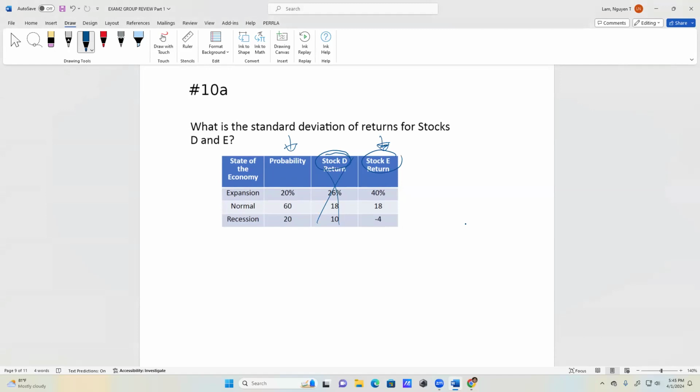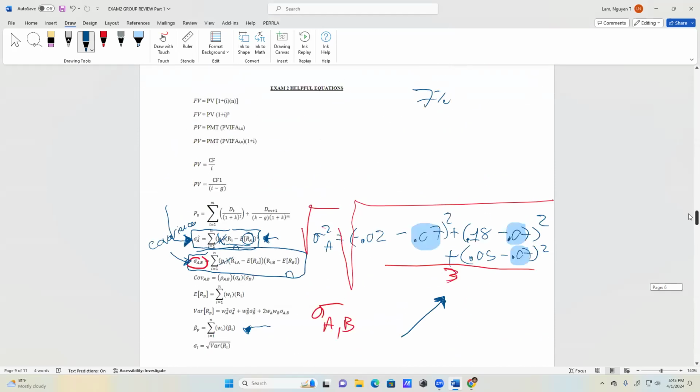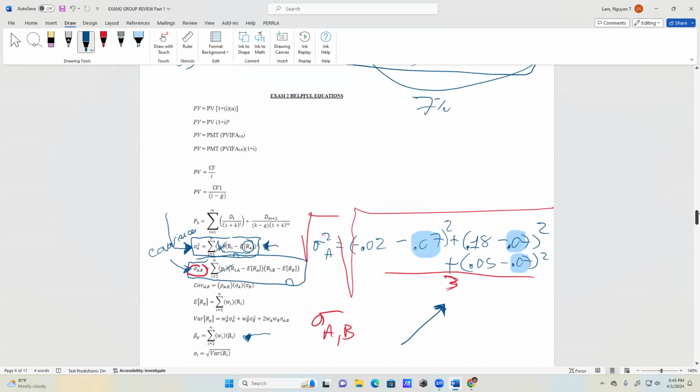Because the question asks us to find the standard deviation for each stock, A and B. So what equation should we look at when we look for one asset? For the standard deviation, it will be this one right here, because that equation is used to find the standard deviation of one asset.